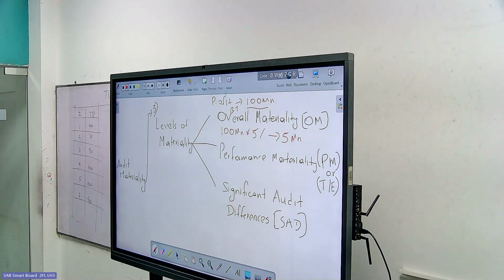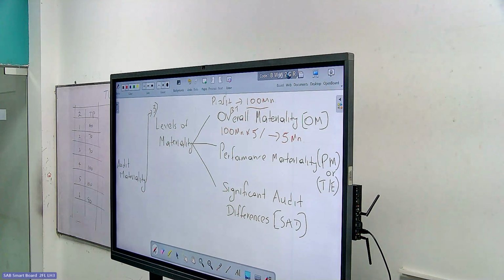So wherever the auditor mentions these words, material mistake, material, that word refers to overall materiality. Clear here? When the auditor says to the public, my objective is finding material mistake, my responsibility is finding material mistake, my objective is providing an opinion whether the financial statements are free from material mistake.